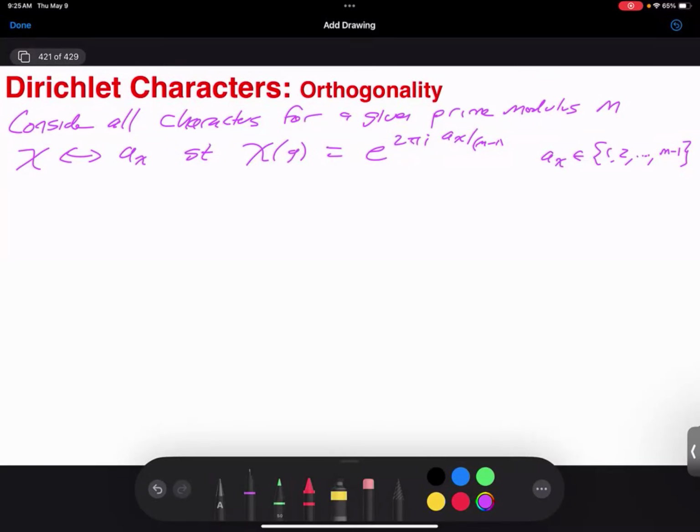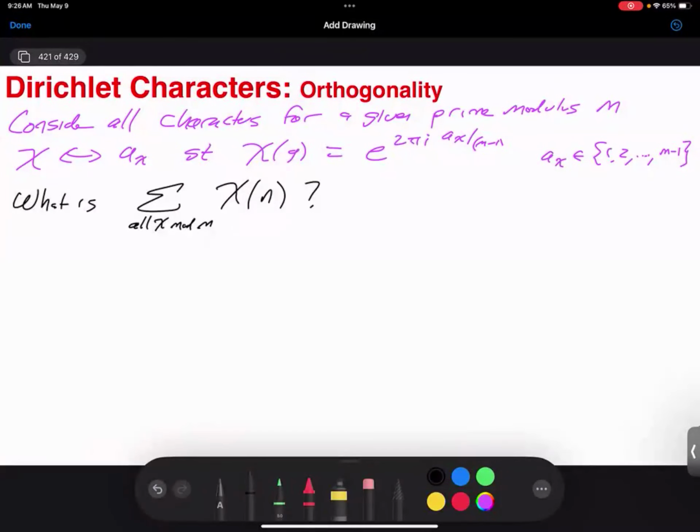The following question: what is the sum over all chi mod m of chi of some number n? So I sum over all the values of all the different chi. Do you think the answer depends at all on n?